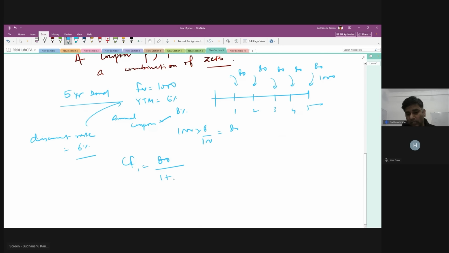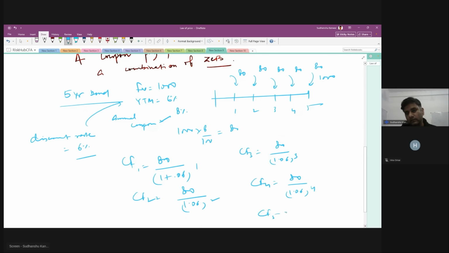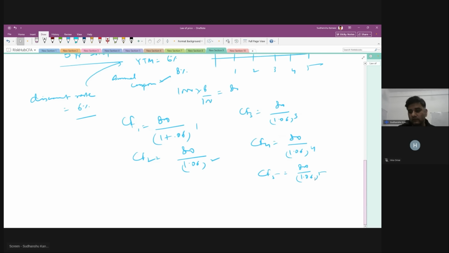So you'll say cash flow 1 will be discounted at this, cash flow 2 will be discounted at this one, cash flow 3 at this one, cash flow 4 at this one, cash flow 5 at this, and cash flow 6 at this.